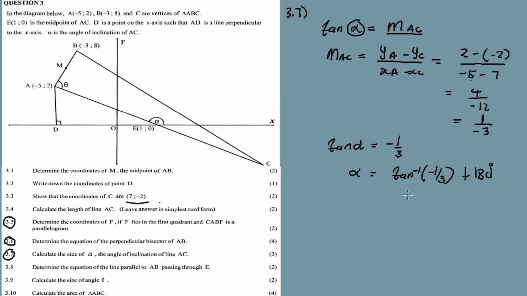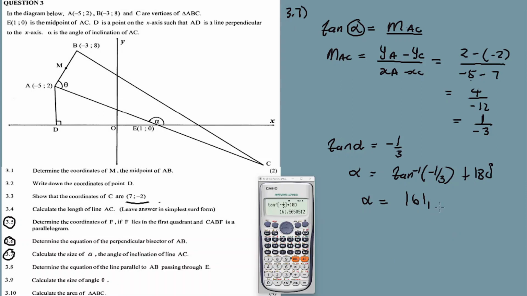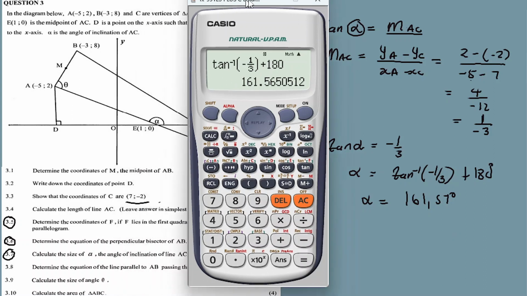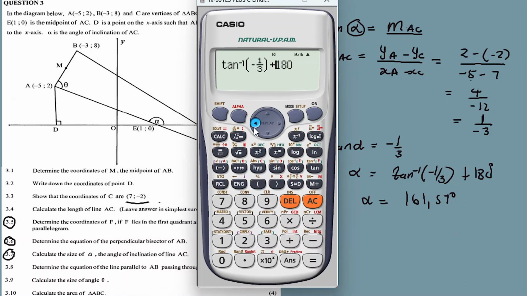It makes sense now. So alpha will be 161,57 degrees.